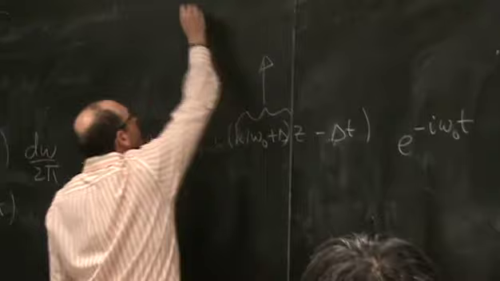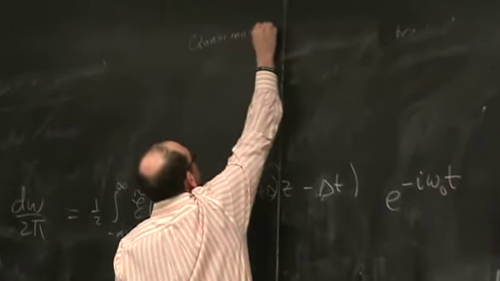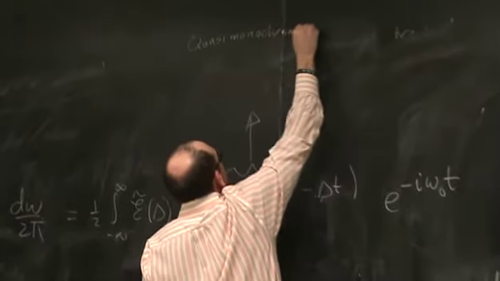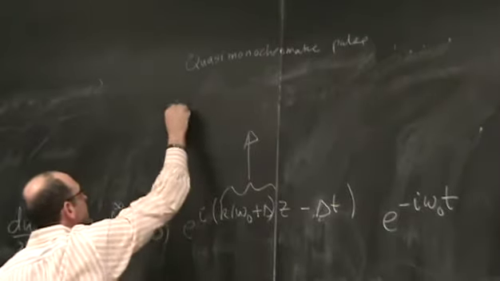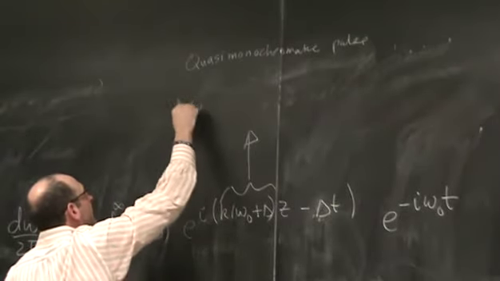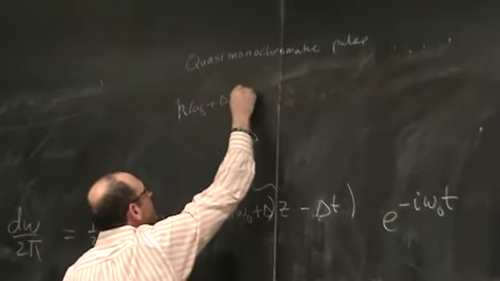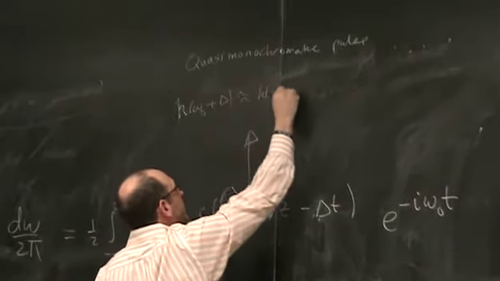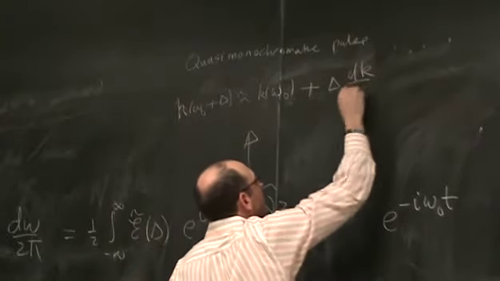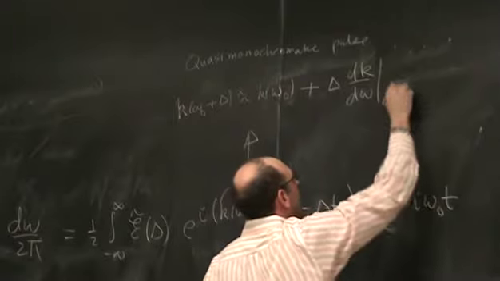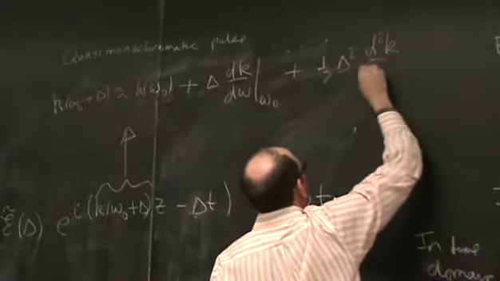So for a quasi-monochromatic pulse, we can Taylor series expand our function k of omega: approximately k at the central frequency omega naught, plus delta times the derivative of k with respect to omega at omega naught, plus a half delta squared times the second derivative, etc.